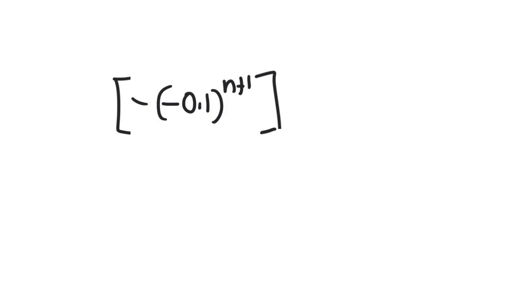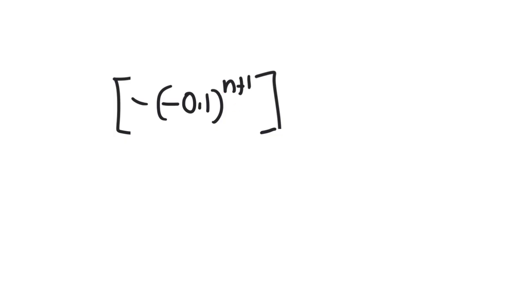Now, the reason I'm kind of doing this is because my goal, like I'm perceiving that there's going to be this oscillation between positive and negative taking place in the series. And that's because we have sort of a negative that's being raised to a power.